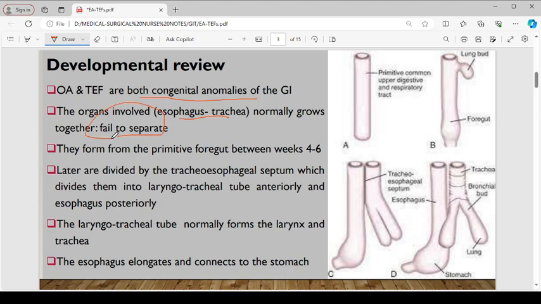If we review our embryology, these parts normally form from the primitive foregut between the fourth and the sixth week.